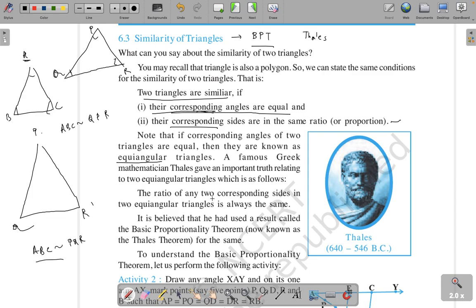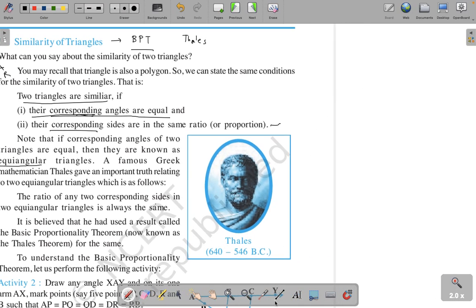The ratio of any two corresponding sides in two equiangular triangles is always the same. I'll give you a triangle which would make it very simple to understand. Say this is one triangle. This is another triangle inside that triangle.